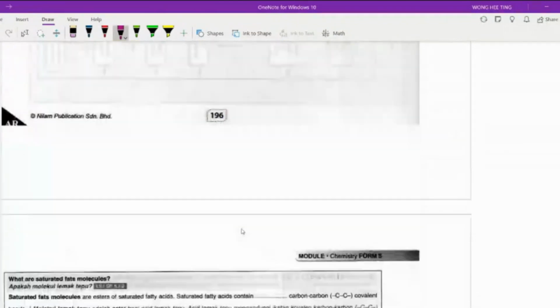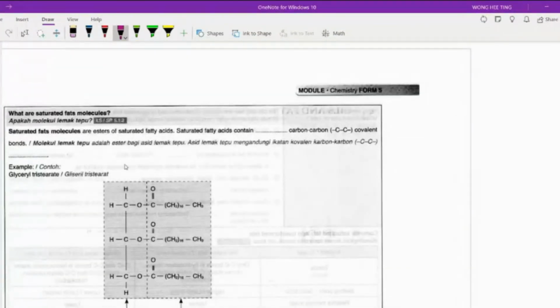Good. Now, what are saturated fat molecules? Do you remember what is meant by saturated? Anybody know what is meant by saturated, or what is meant by unsaturated?